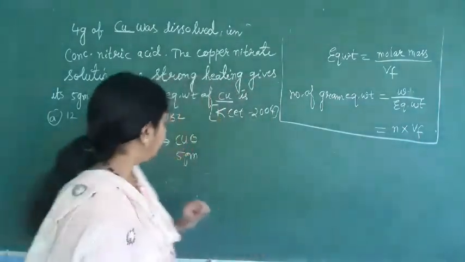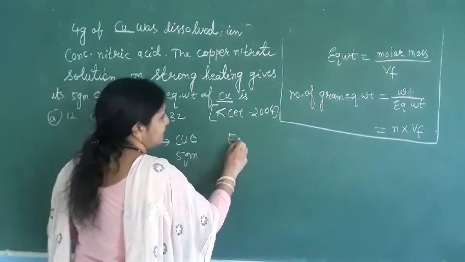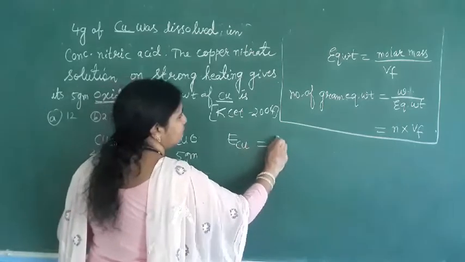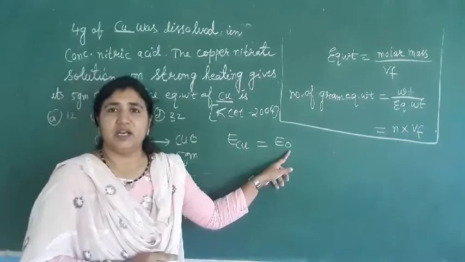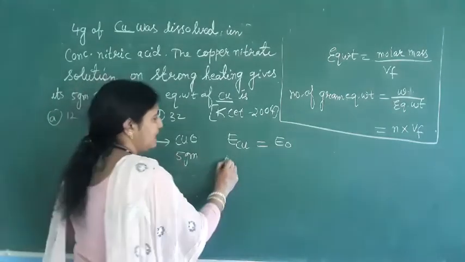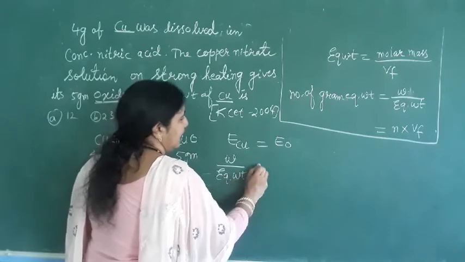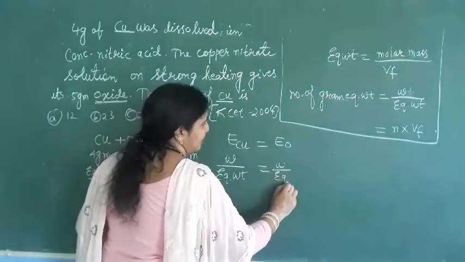So see here what we will write: the number of gram equivalents of copper is equal to the number of gram equivalents of oxygen. What formula do we have? Weight divided by equivalent weight, and for oxygen also, weight divided by equivalent weight.